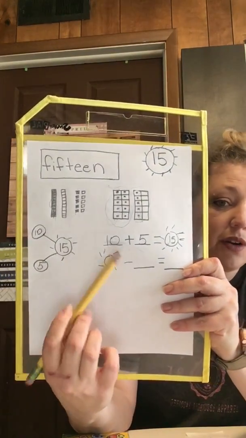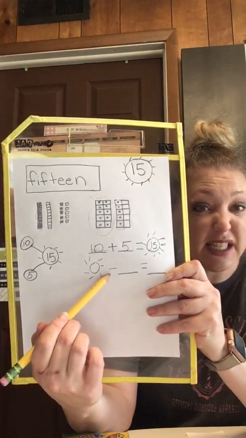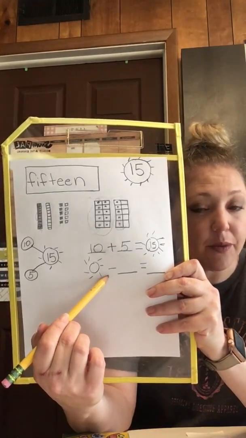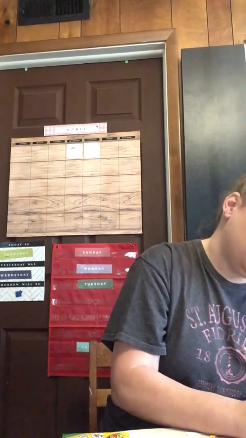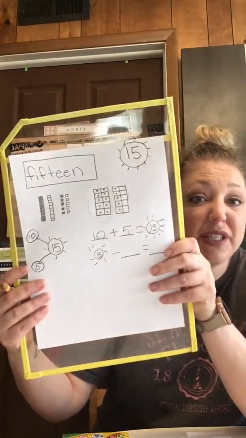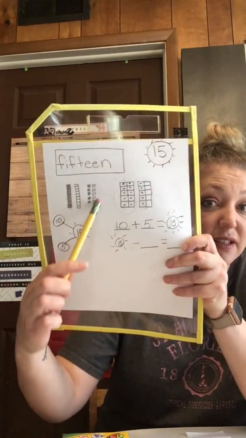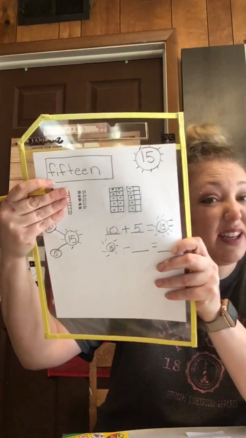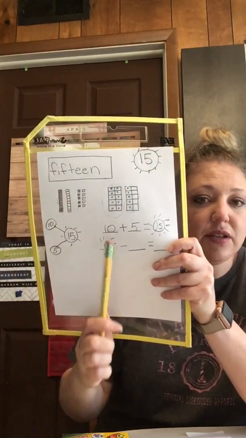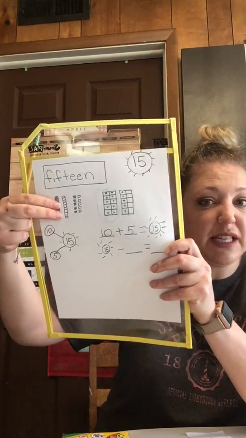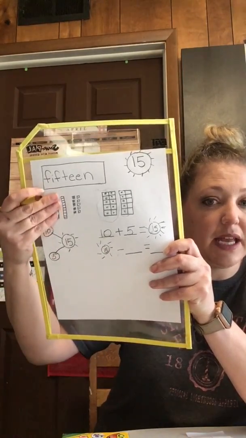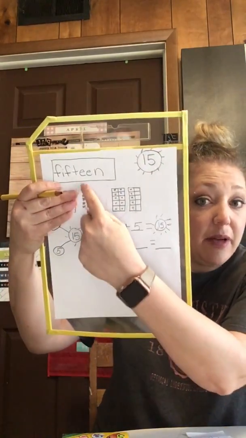Now we're going to move to our next number sentence, and remember this is subtract, that's minus, take away. So I'm going to write my 15 right here in the little sunshine. And we're saying if we have 15 and we take away one part of it, how much is left? We're going to use our 10 and our 5. So let's just do our 10. If we've got 15 and we take away the 10, how many are left? 5.